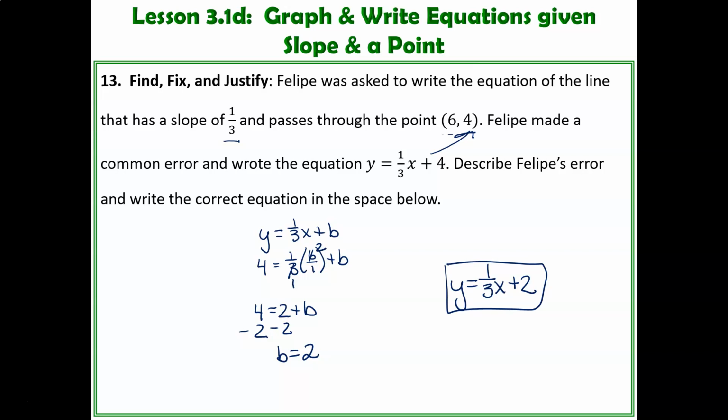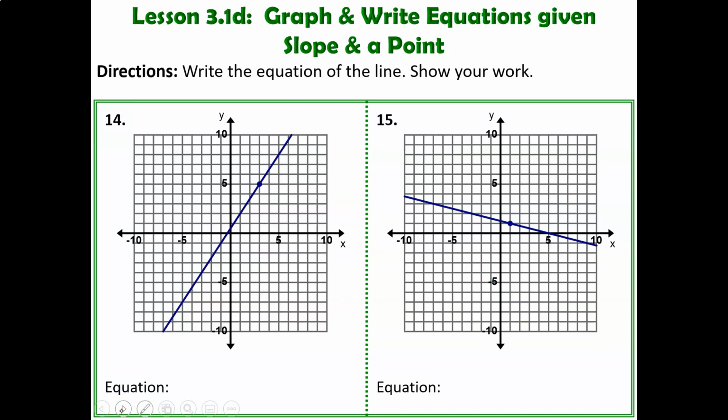Okay, I'm looking for number 14. All right, let's write the equation here. So we have a point. Let's find that point. Let's find the coordinates. So 1, 2, 3, 1, 2, 3, 4, 5.